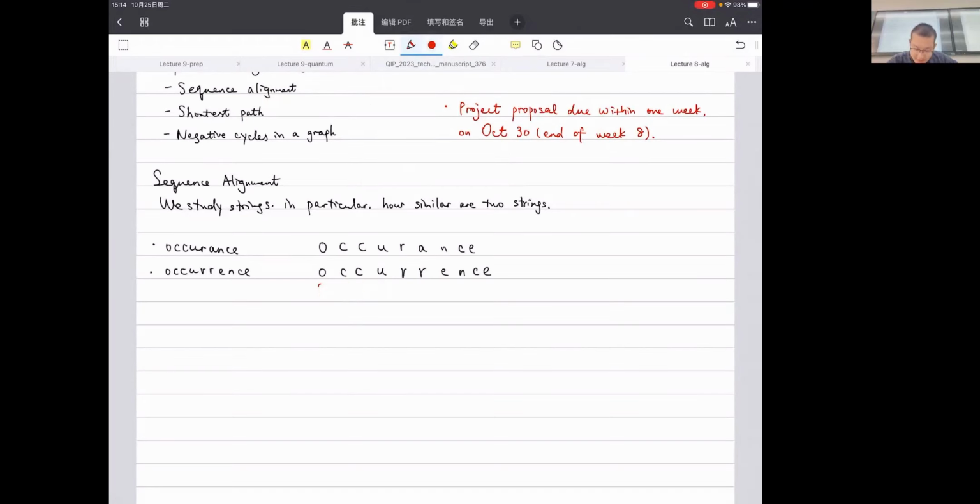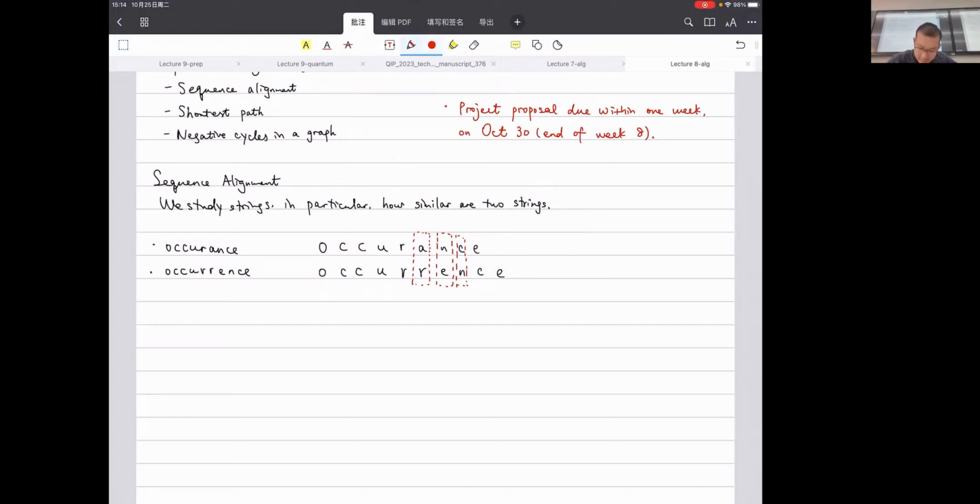For the later part of the string, this is a mismatch because for the first row we have an A here, but for the second row we have an R. Of course A does not equal R, so this is not so good. Let me make this space a little bit larger.